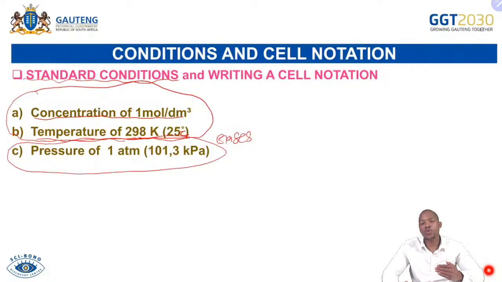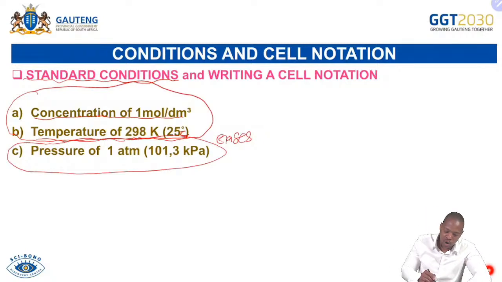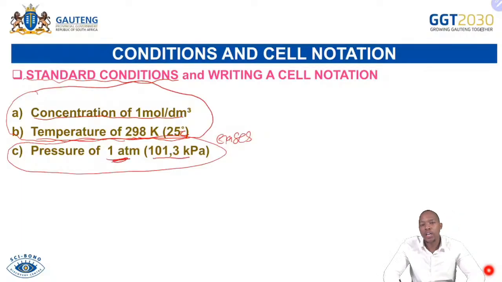So I'm saying to you, if you're being asked for these conditions, the first two conditions that you must always consider, grade 12, are the concentration condition and the temperature condition. Those are the first two. Then you can talk about the pressure if you have gases. Or if they ask you for conditions in general, and they ask for three, then you can talk about the pressure of 1 atmospheric pressure or 101.3 kilopascals.